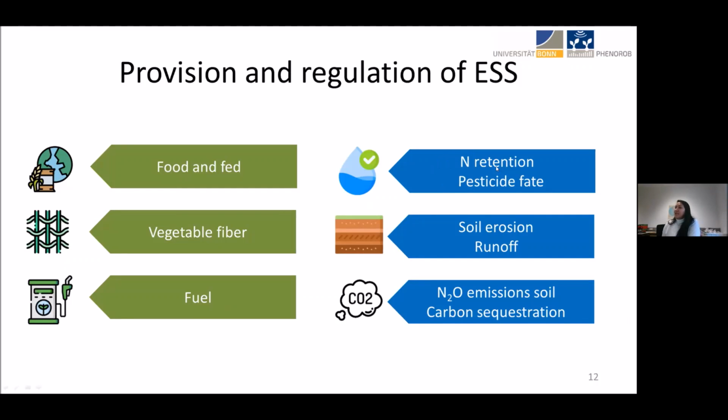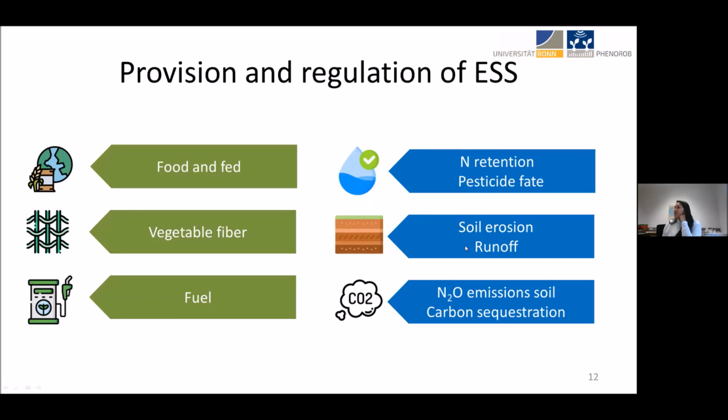Then typically the models also account for nitrogen dynamics, so nitrogen-related ecosystem services can also be quantified using the model, for example rotation and of course nitrogen leaching. Also for pesticide fate, not all the models are able to simulate it, but for example, the STICS model is able to simulate this.